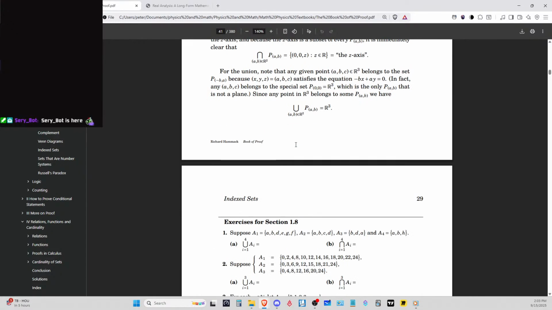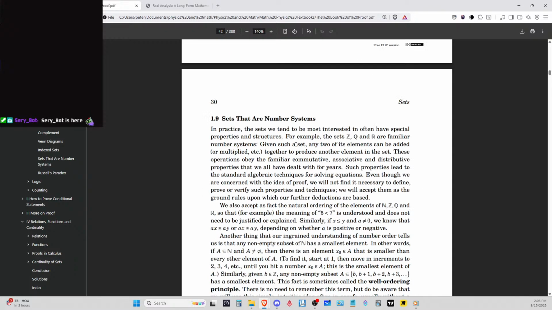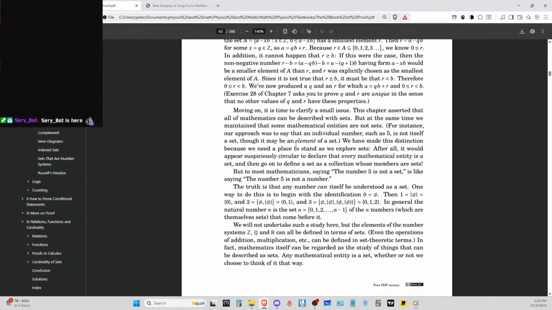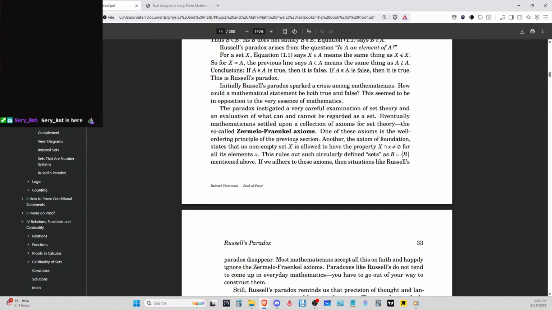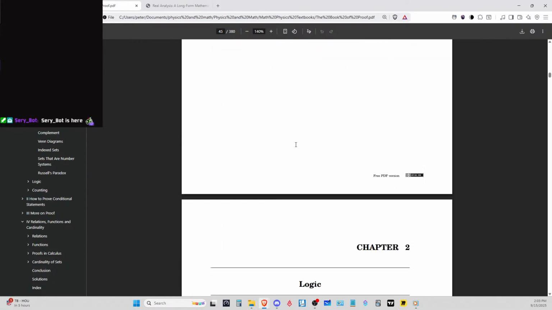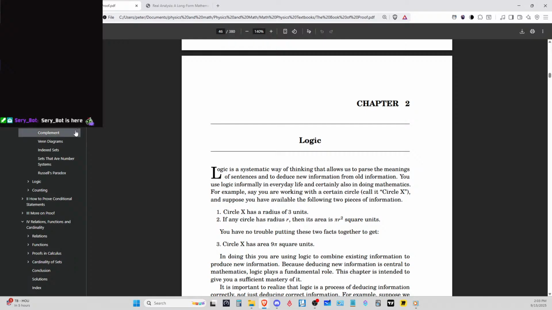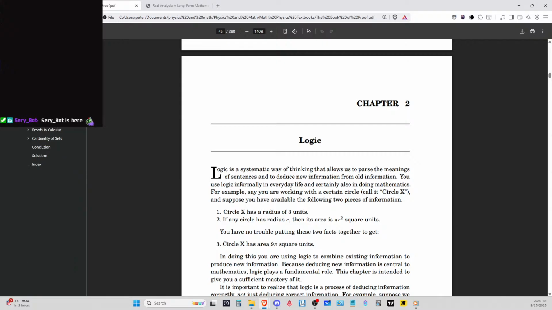Usually the De Morgan, is it De Morgan? I always forget the name. Logic. I thought they would have some problems I can do with unions of sets and intersections, and how they work together.